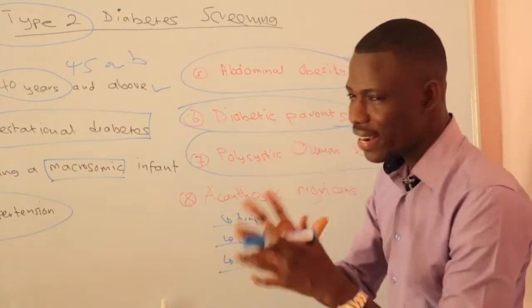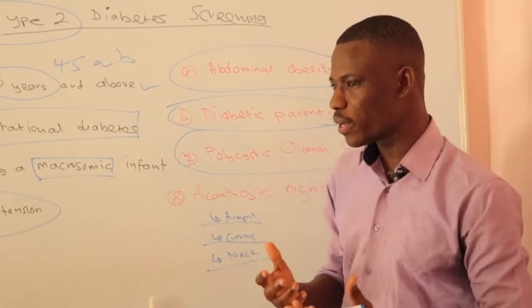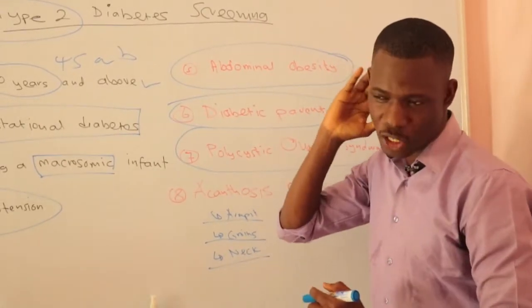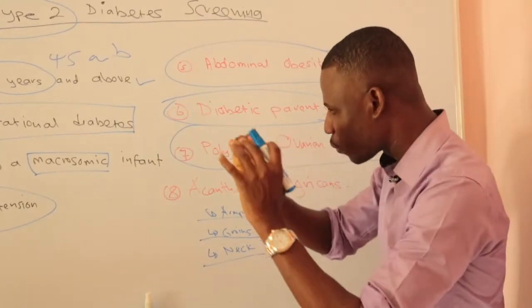Okay, the final group of people who are at risk of developing type 2 diabetes are those with dark discoloration on a part of their body, either in the armpit region, the groin, or the neck. Now, this discoloration is called Acanthosis nigricans.